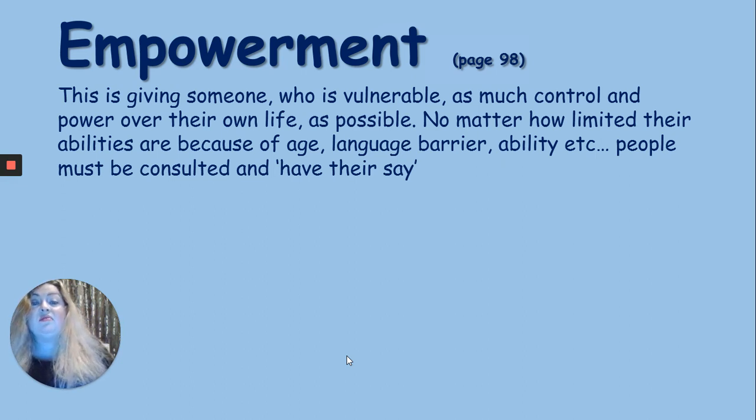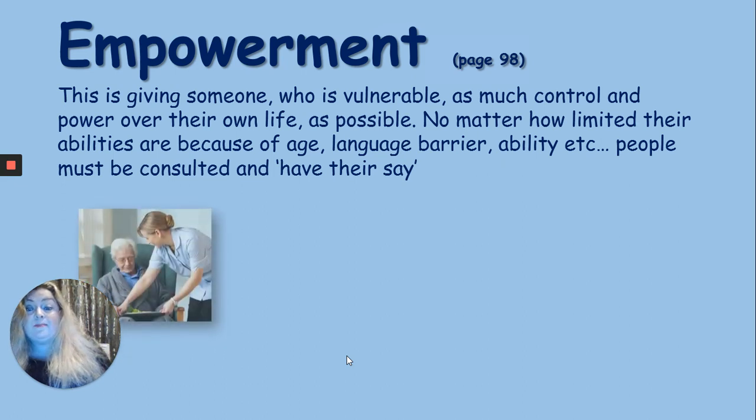People must be consulted to have their say, and health and social care workers must very much consult in terms of including the views of service users.